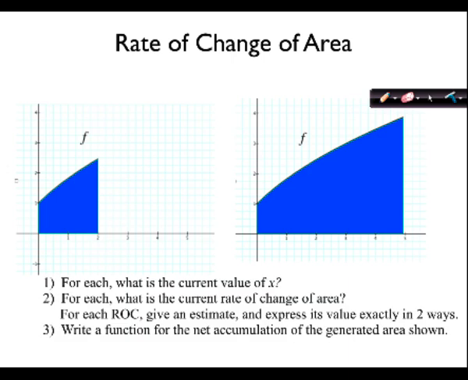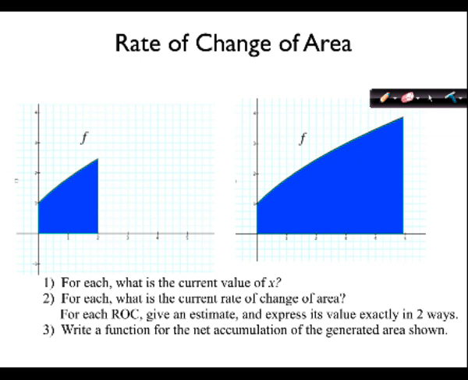So for each of these two, what's the current value of x? For each, what's the current rate of change of area? And remember, you're imagining that curve as a billion little tiny steps. They're really small delta x values, and every delta x value has a constant value at the height of the function. So for each, what's the current rate of change of area? And then for each rate of change, give an estimate and express its value exactly in two ways.